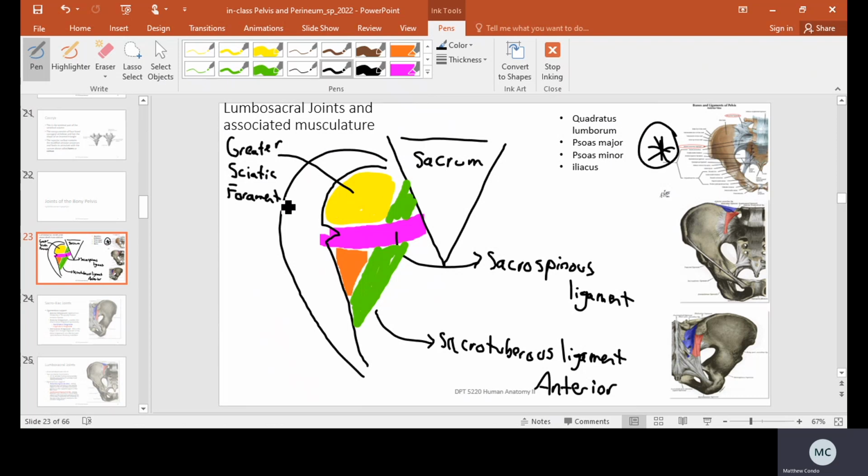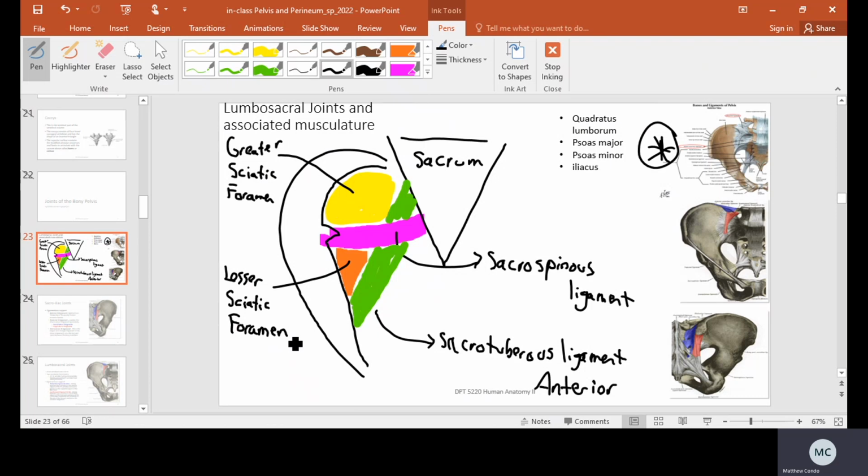Whoop, there's a T on foramen. There we go, that's better. And then obviously we're going to have a lesser sciatic foramen. So when you guys see those terms in the literature, that's essentially what we're talking about here, okay?